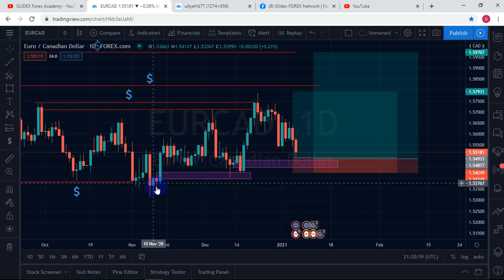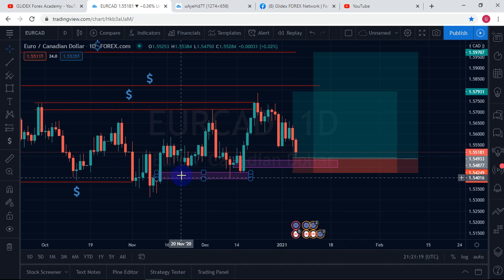Now you see this last bearish candle. These two candles are actually inside this last bearish candle. So price created an imbalance, that is, there was no sell side between here and this candlestick.